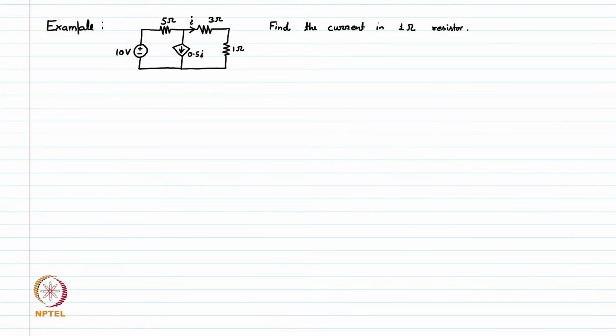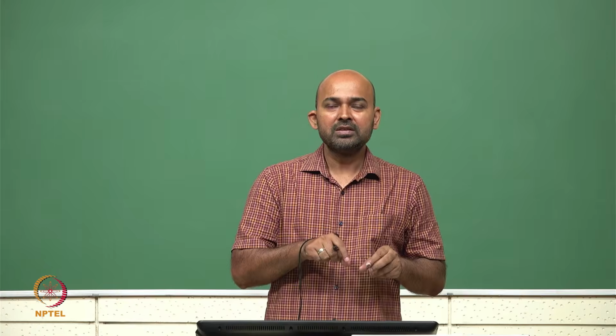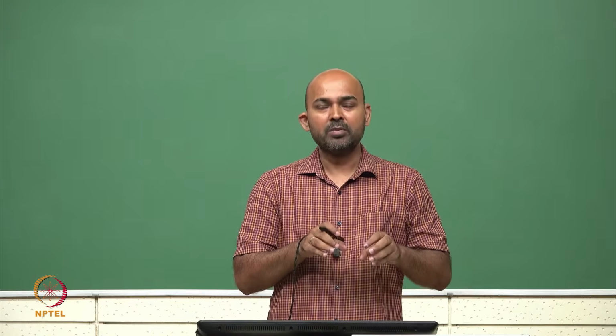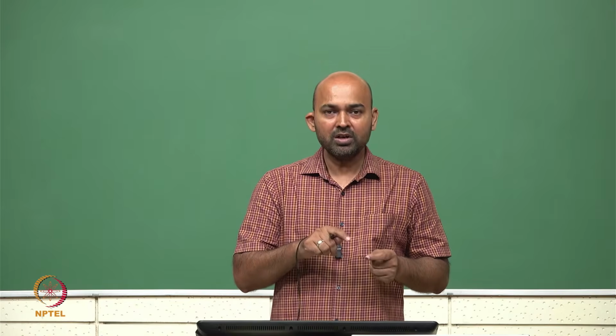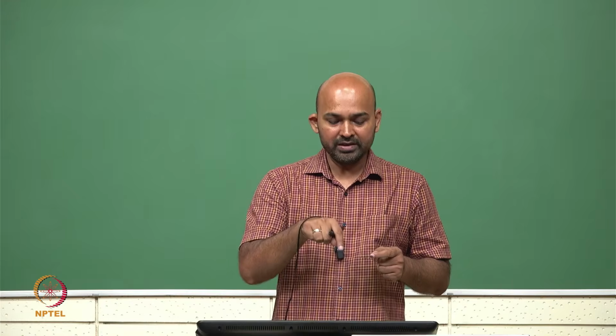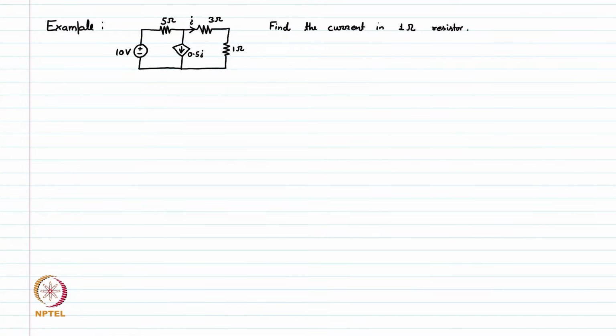So let's see this circuit. This circuit has one voltage source and one dependent current source. The value of this current source, how much current it will generate, depends on how much current is flowing in this 3 ohm resistor. By this symbol I, the current I is flowing in this 3 ohm.